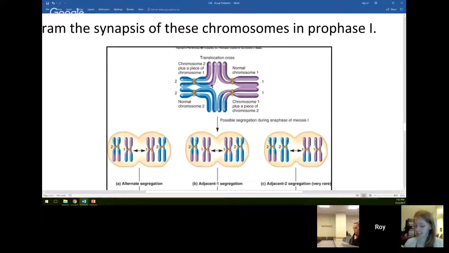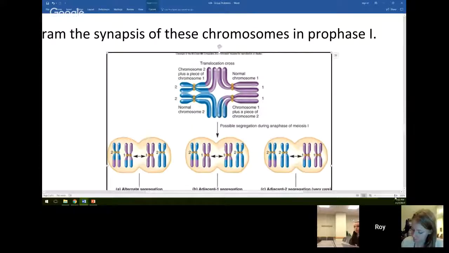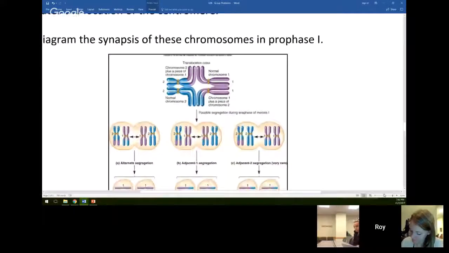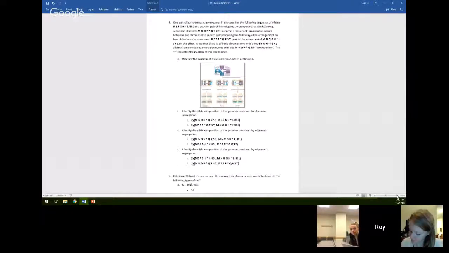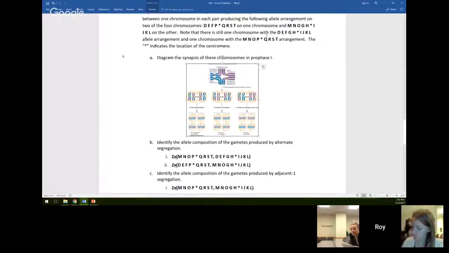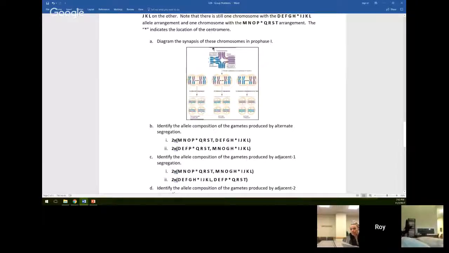And then it asks for the other, the translocation chromosomes, which are going to be here and here, or these up here, this one and this one. Those are going to be your crosses.